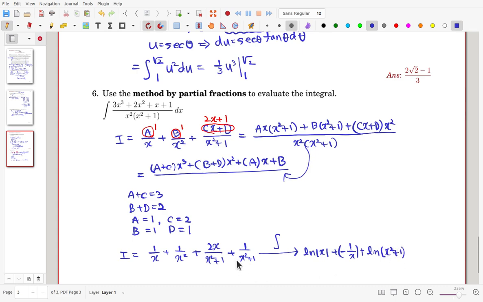And for the last one, there must be arc tangent of x, right? Along with the integration constant, that will be the final answer.